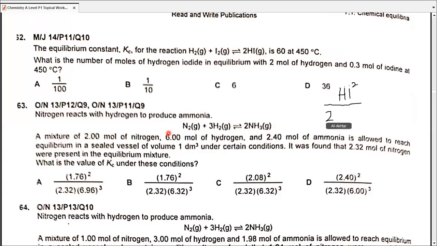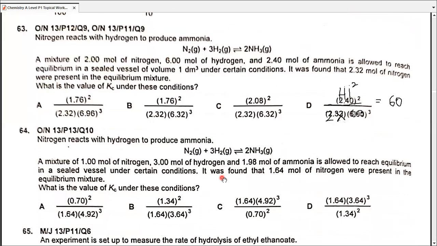So this would be 2 times 0.3. Right, and Kc would still be 60 because the temperature is unchanged. So HI square, the value comes out to be 36, and square rooting gives us 6. Good.